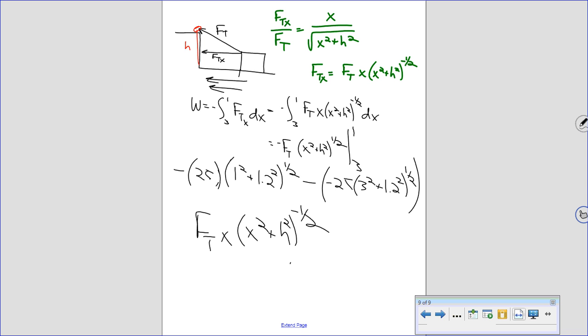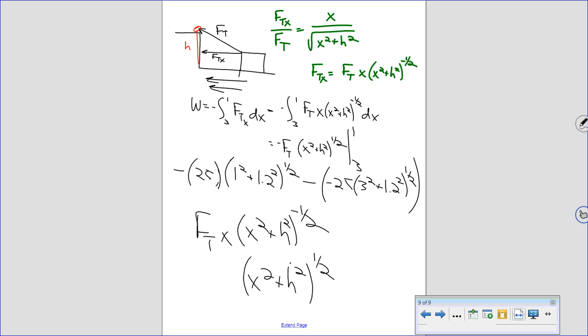Okay, well, I know the power rule tells me that when I take the derivative of something to a power, you move the power to the front and then reduce the power by 1, right? So assuming I followed that rule here, what that means is I must have started with x squared plus h squared to the positive 1/2 power. Because then when I bring the 1/2 down and subtract 1, that gives me negative 1/2, right?